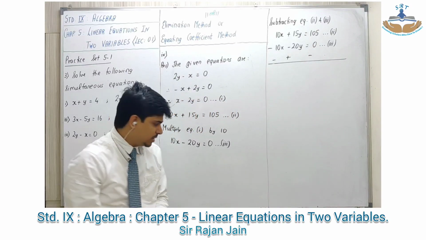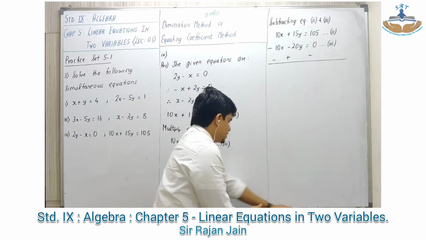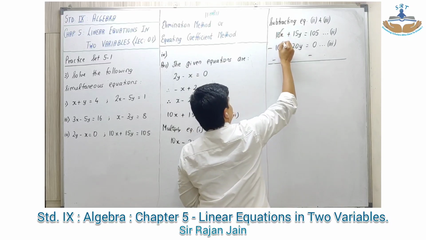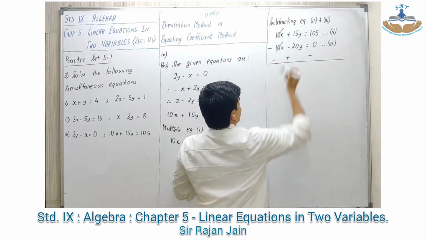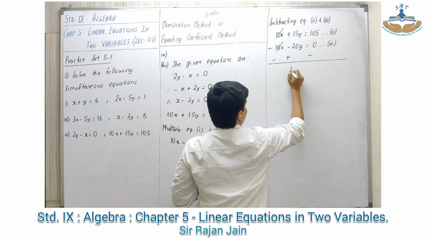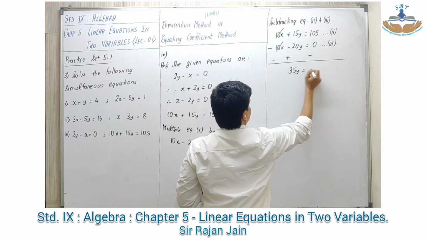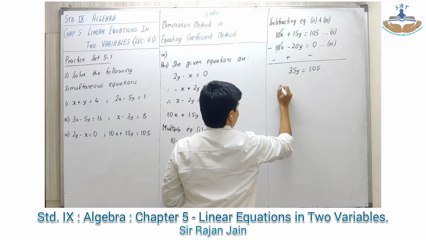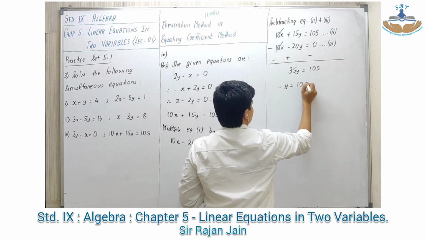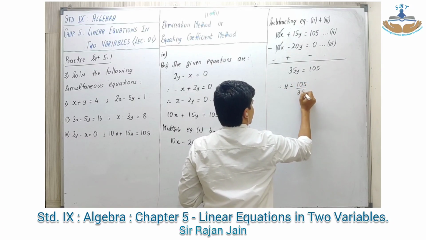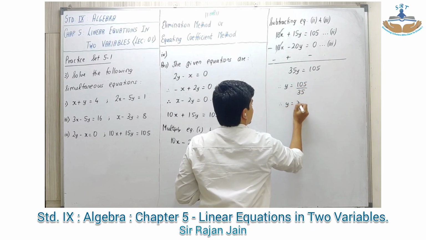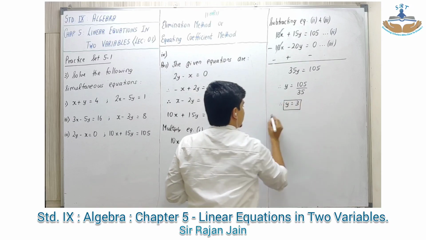Is that clear? Okay. Now if I go to see, plus 10x minus 10x got eliminated. Then 15y plus 20y will become 35y is equal to 105. Therefore, y will be 105 upon 35. When you divide, your answer becomes equal to 3.